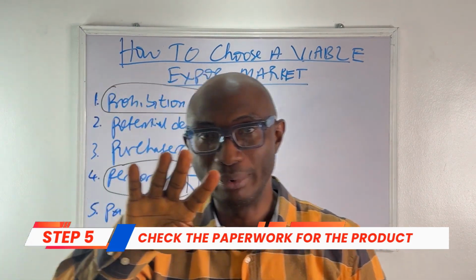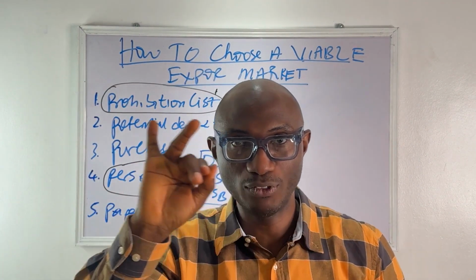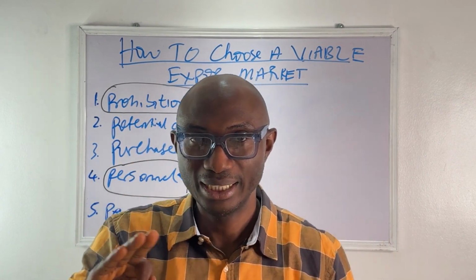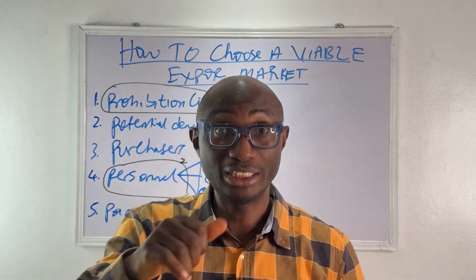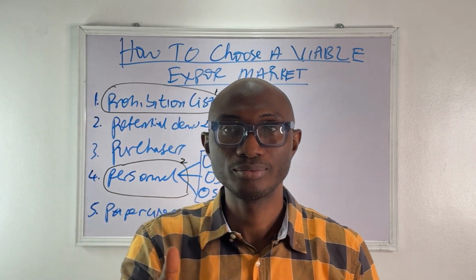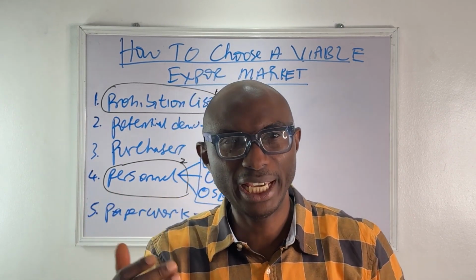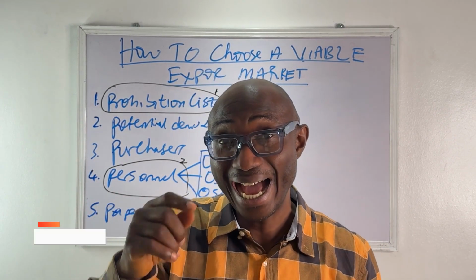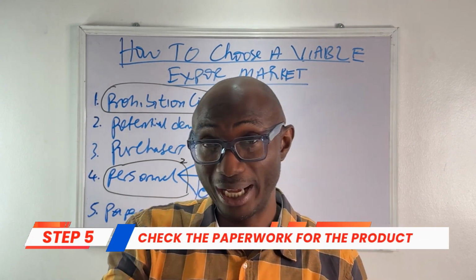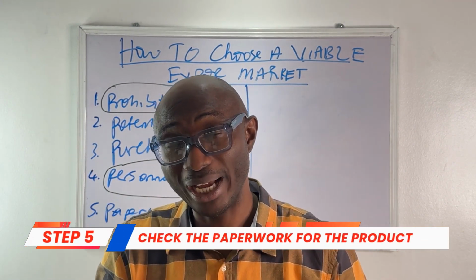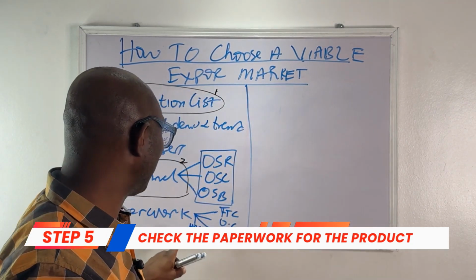Apart from the regular documents, bill of lading, invoice, packing list, certificate of origin, inspection report, maybe phytosanitary certificate and fumigation certificate, are there additional, specific documents required? Now, can I get those documents?